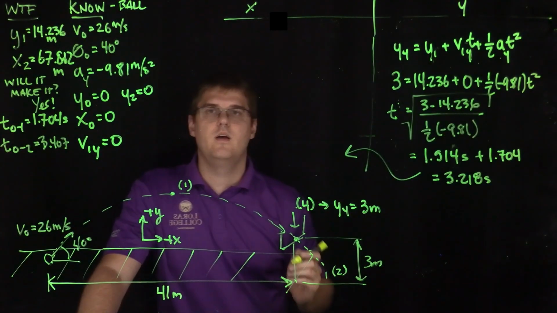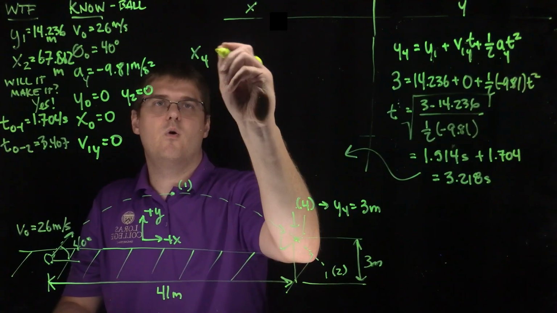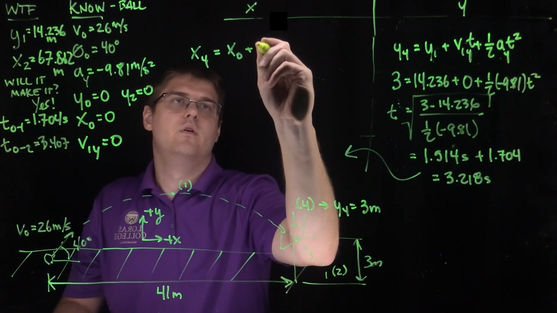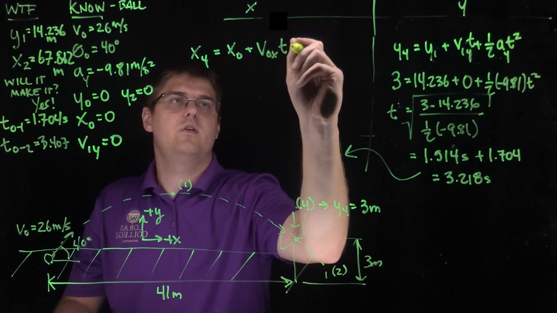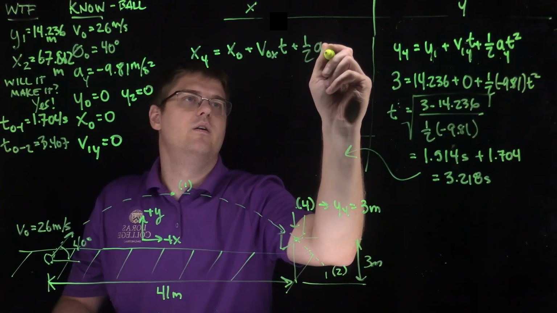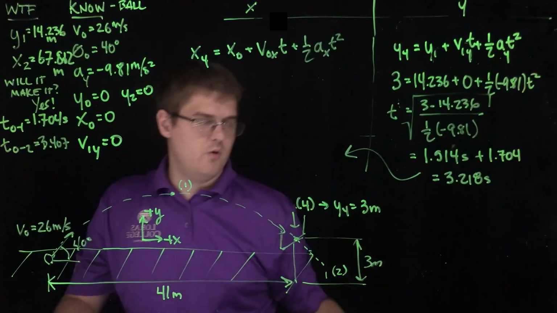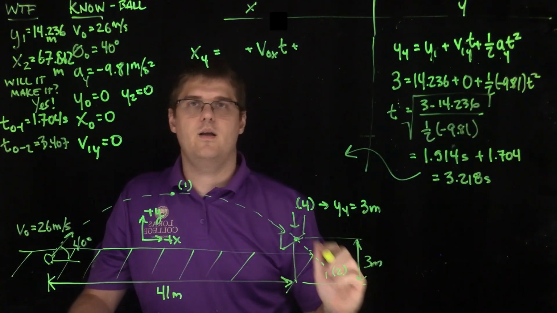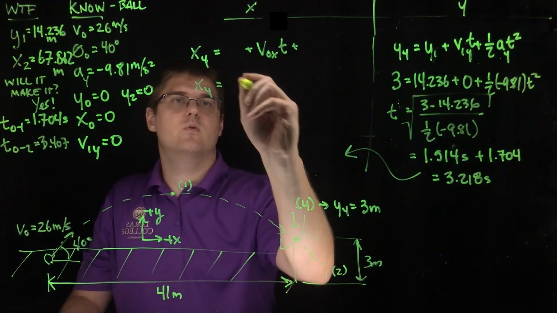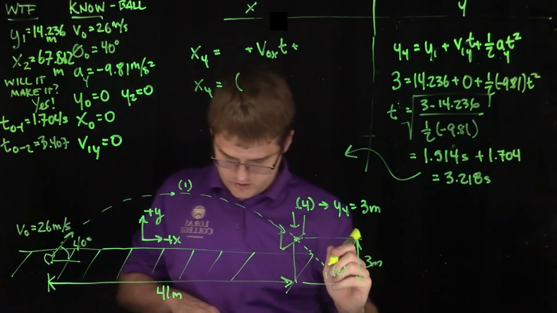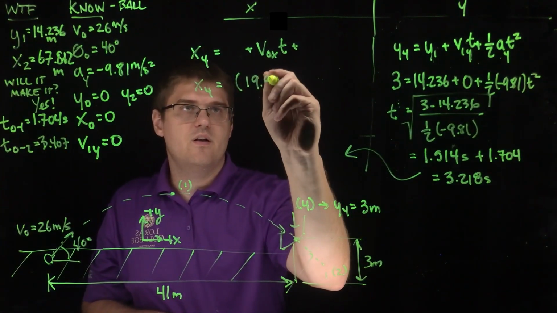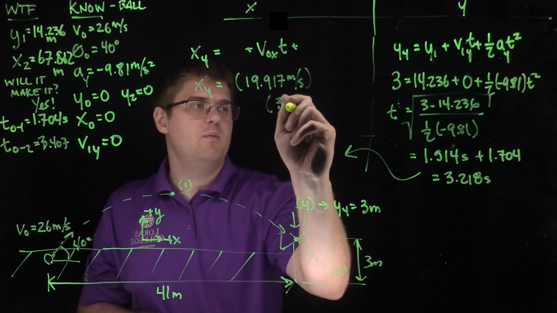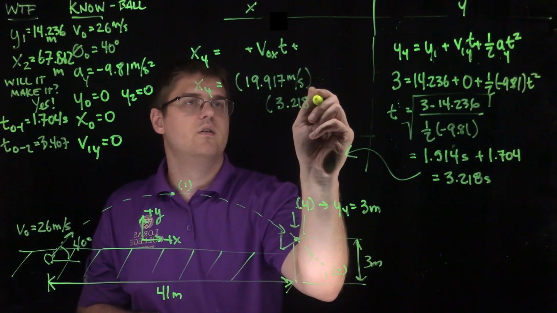It is a time. And I can say that x at 4 is equal to x naught plus v naught in the x times t plus 1/2 a in the x times t squared. I know that this is 0. I know that this is 0. So I am left with x4 is equal to that v naught x, which is 19.917 meters per second times 3.218 seconds.